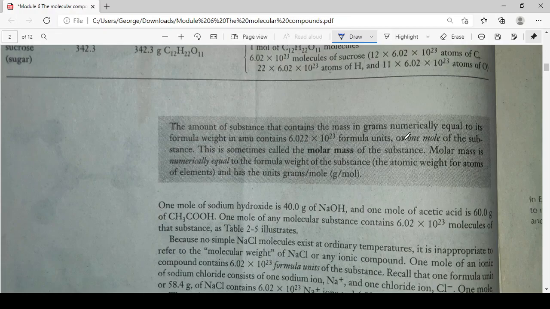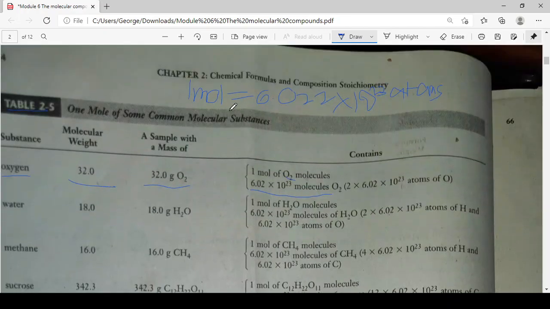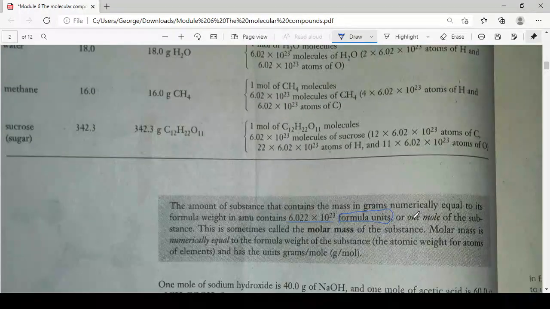Again, a substance whose mass in grams equals its formula weight always contains 6.022 times 10 raised to the power of 23 formula units. So it is simple to understand: it is always equivalent to 1 mole of the substance.